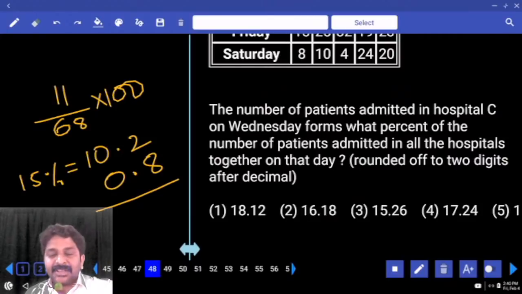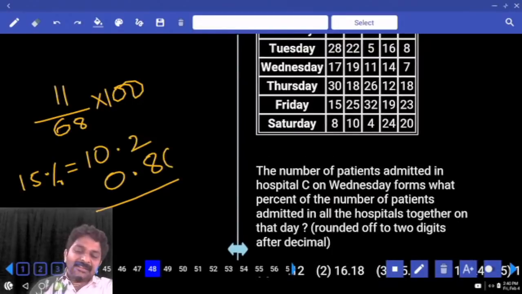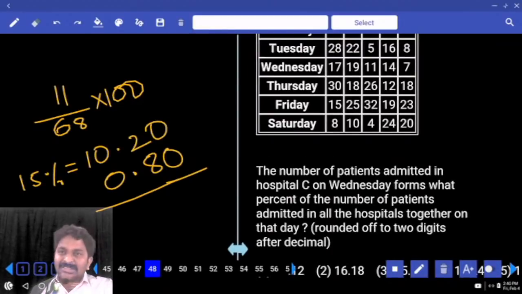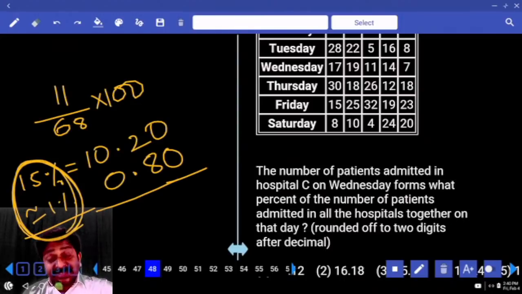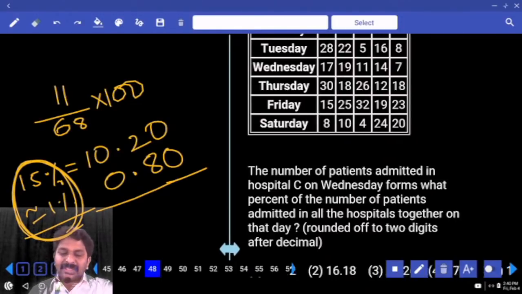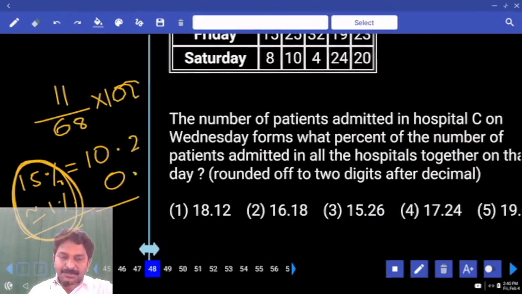What is 1% of the denominator? 0.68 is 1%, and we need to add 0.80, which is a little bit more than 1%, correct? So approximately 1% and a little bit more than that. So the final answer must be approximately 16%, and more than 16 or less than 16? More than 16. Look at your options. Which option? Second option.